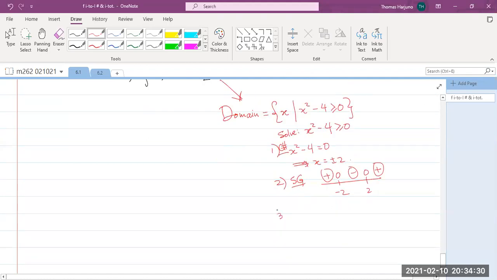So the solution for that inequality will be from negative infinity to negative 2, union 2 to positive infinity. Okay, that's the domain of the inverse function, which is the range of the function.